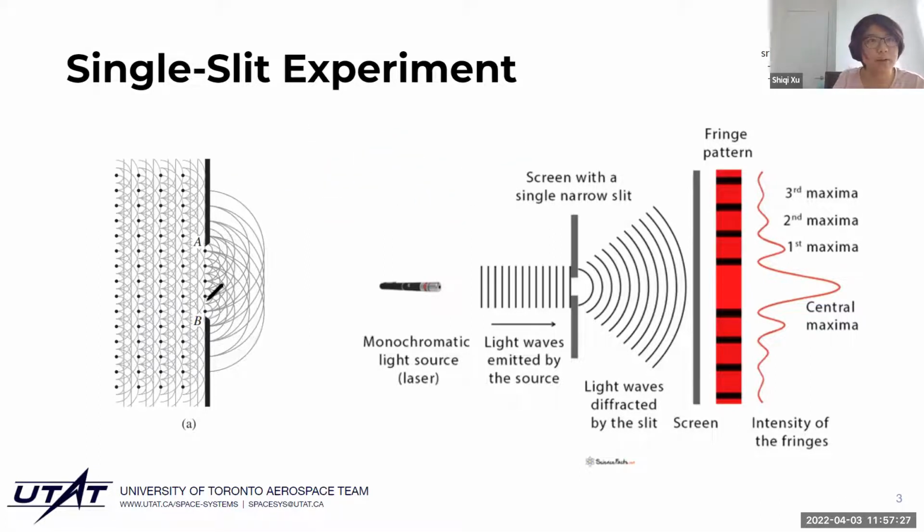So here what actually happens is you end up with something like this out here, because the center is the least obstructed, right? So you get the most constructive interference here. And then the further you go out, the more it sees the effect of the blockage, right?